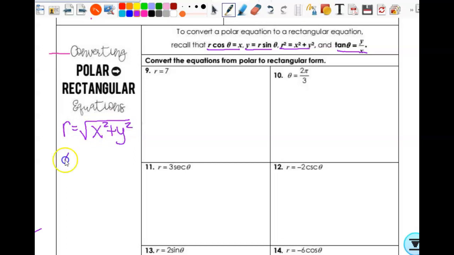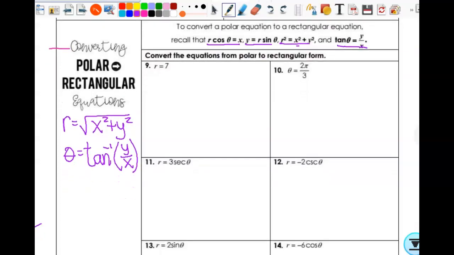And we know that theta is equal to the tangent inverse of y over x. If we use those forms instead of these, that just kind of saves us a step in what we're doing. Okay, we're good with that?